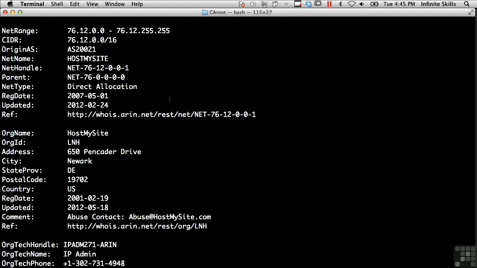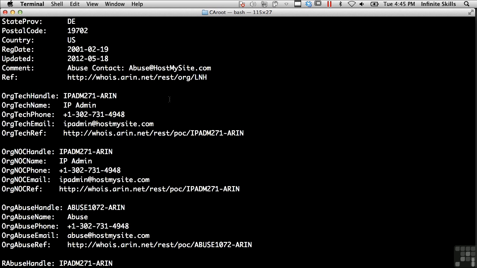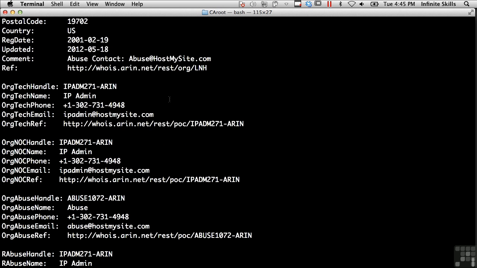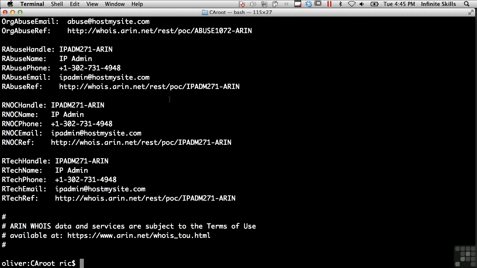Host My Site, I am going to guess, is a hosting provider. It would be out of scope to look at any of those other addresses unless I can find some evidence that Infinite Skills has a presence on a different address than the one I have located by looking up that particular host name. So I've got one address here that I can look at.